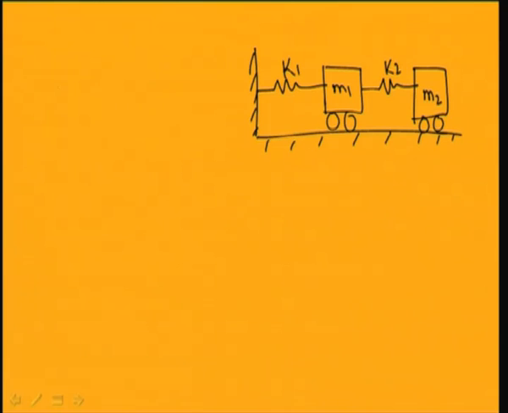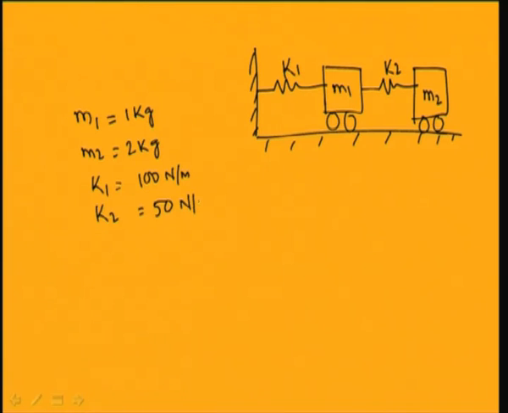Here I am taking M1 equal to 1 kg, M2 equal to 2 kg, and then K1 equal to 100 Newton per meter and K2 equal to 50 Newton per meter.